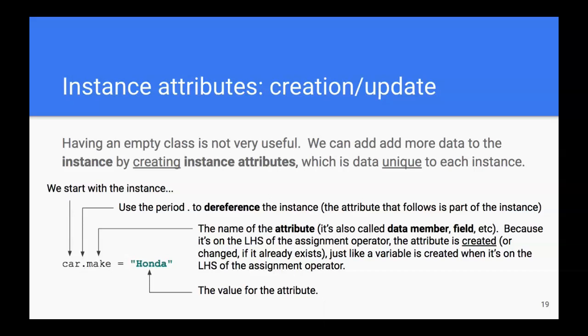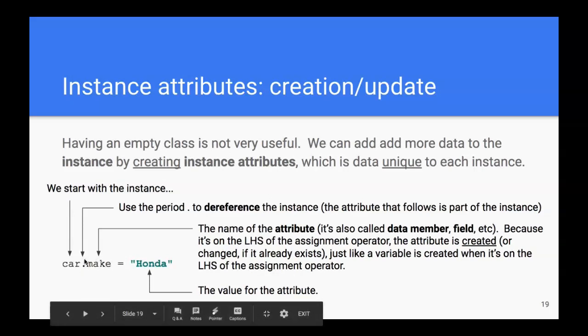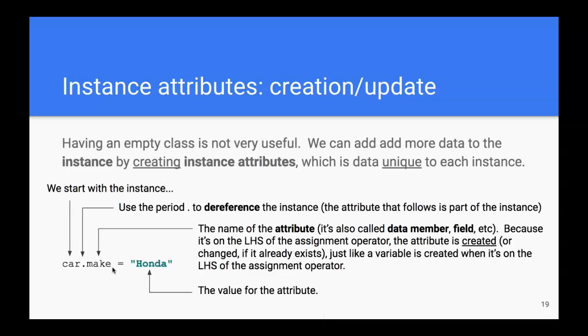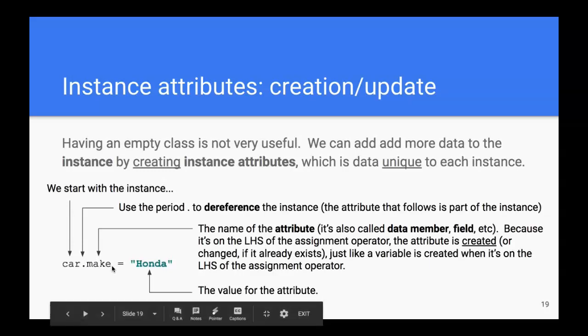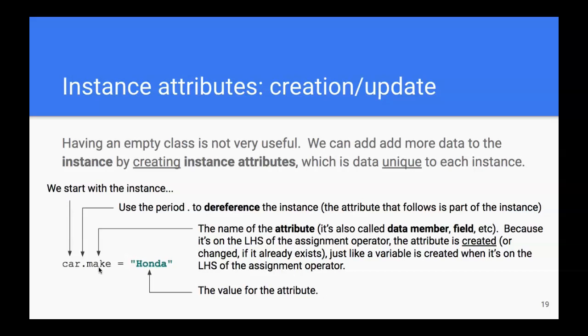And then the name of the attribute. Sorry, I forgot to put it here. Now these names are just kind of like variables, so they will follow the style of variables, which means they're going to be snake case.